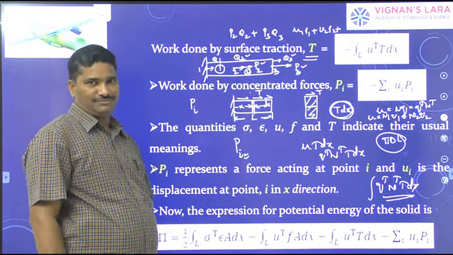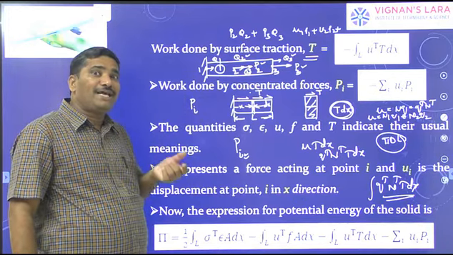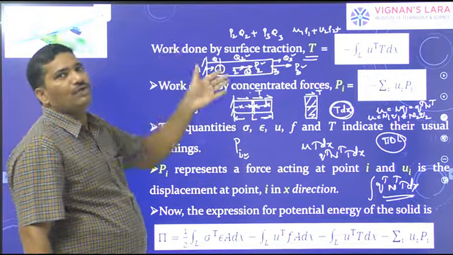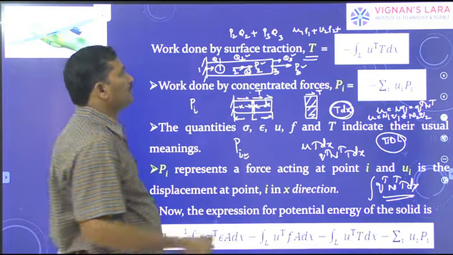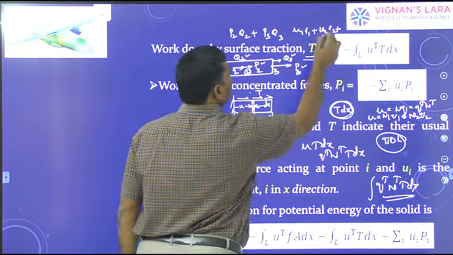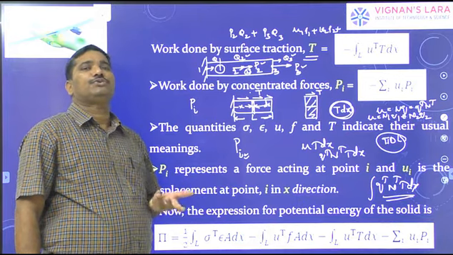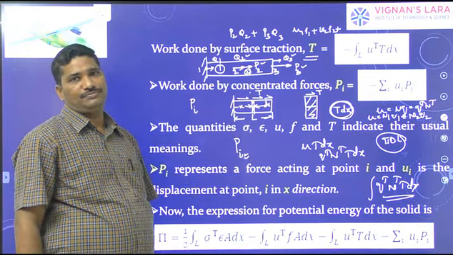What does U1 indicate? The displacement at node 1, that is Q1. Therefore, I write here Q1 into P1. Now, what does U2 represent? The displacement at node 2. Therefore, I write in place of U2, Q2. Hence, Q2 into P2. Okay.